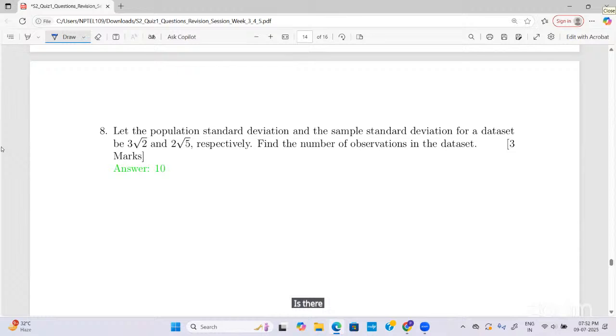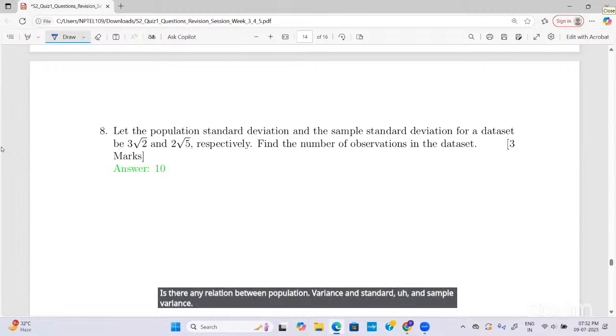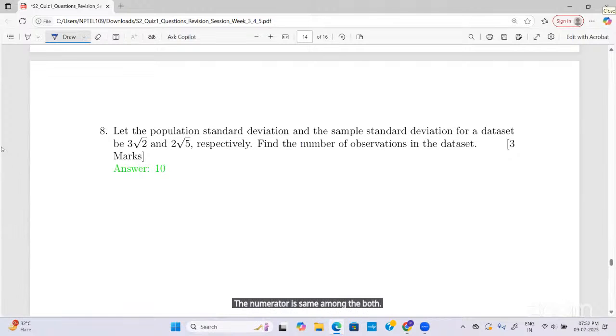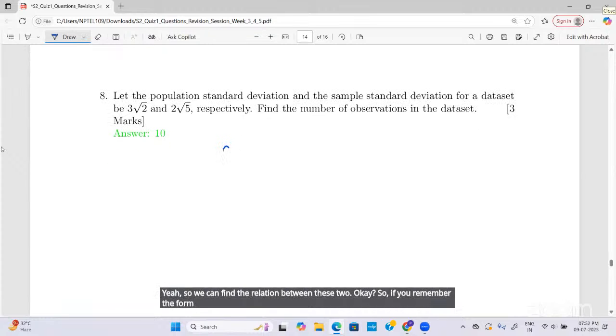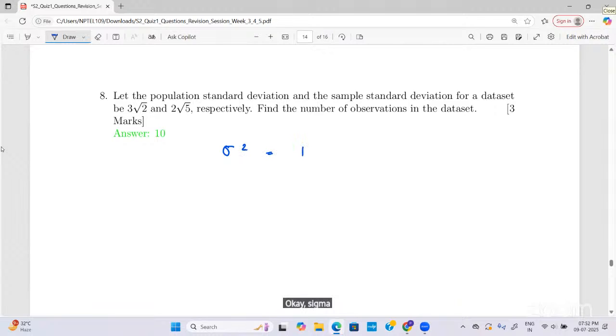Is there any relation between population variance and sample variance? The numerator is the same among both. Yes, the numerator is the same. So n sigma square equals n minus 1 s square. So we can find the relation between these two, right? If you remember the formulas, the population variance sigma square is 1 upon n and summation of xi minus x bar square.